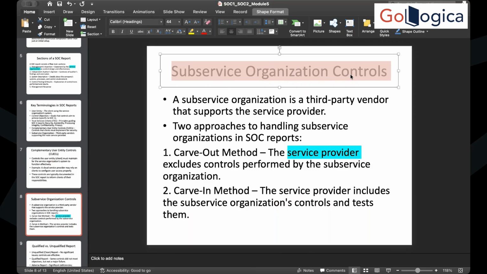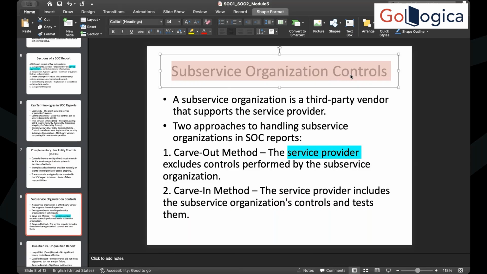They are not my customer. They are not my user entity. Don't confuse user entity with sub-service organization. These are the controls that I want Azure to have to maintain my data, because I am trusting Azure with my data, right?